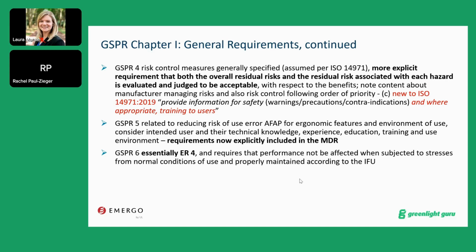What else? For GSPR 5, there is now a more explicit requirement included related to risk for ergonomic feature, environment of use. GSPR 6 is essentially the same as ER4, that the device must be checked that it is not degraded when subjected to stress.